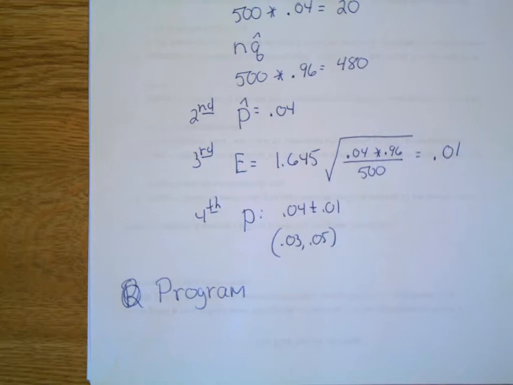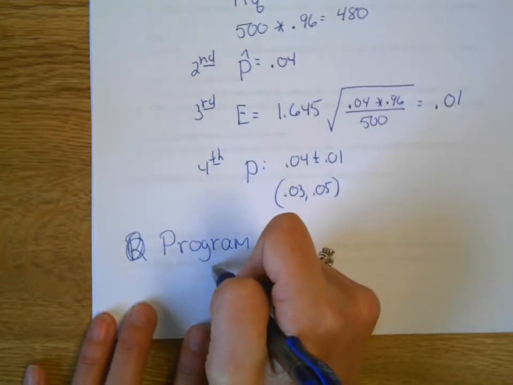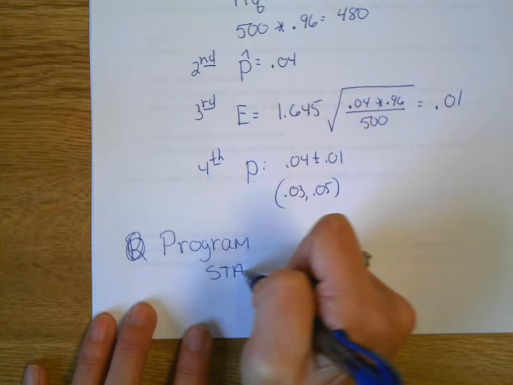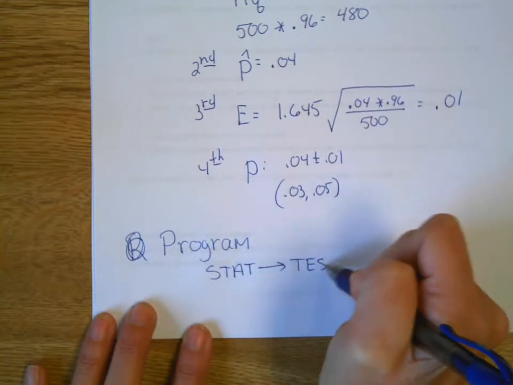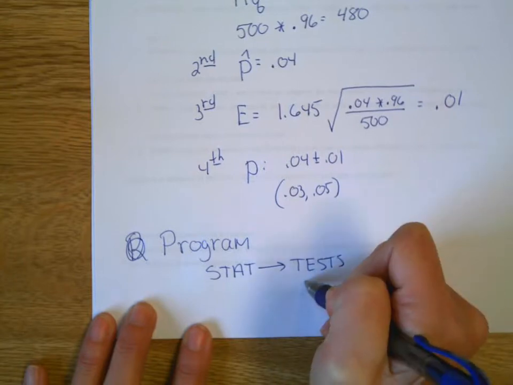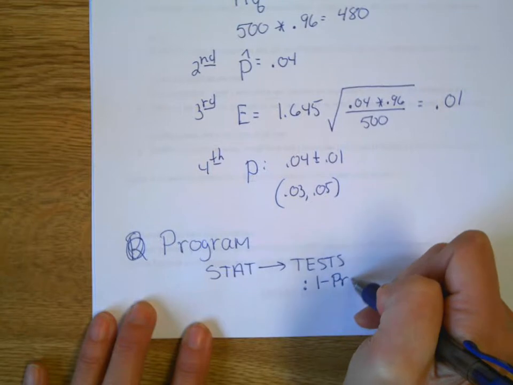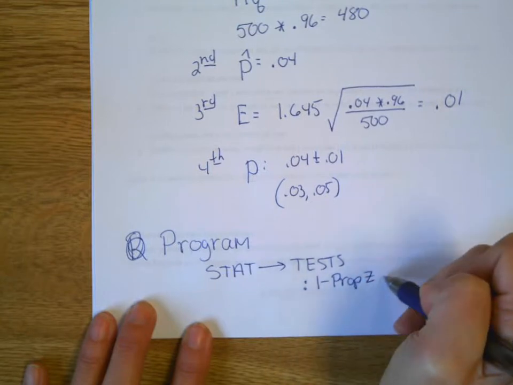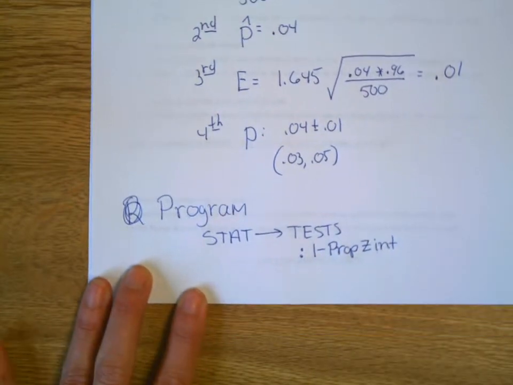The program is called... you're going to go under Stat, over to Tests, and you are going to look for one prop Z int. So prop for proportion, Z interval.